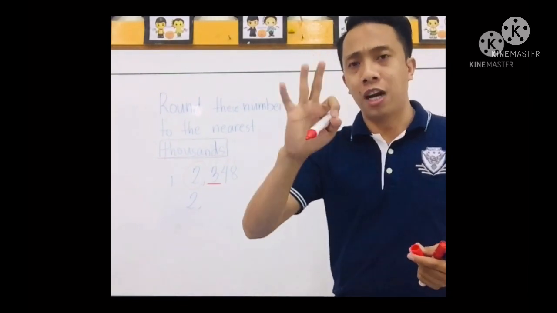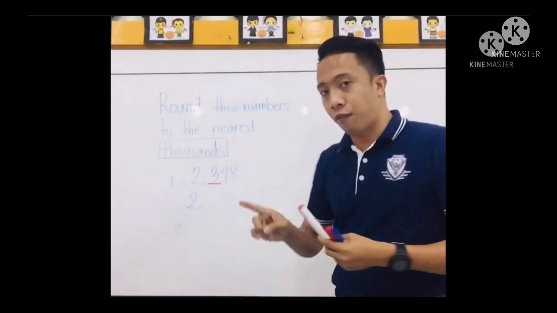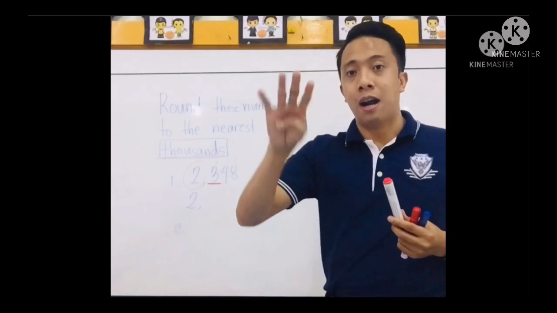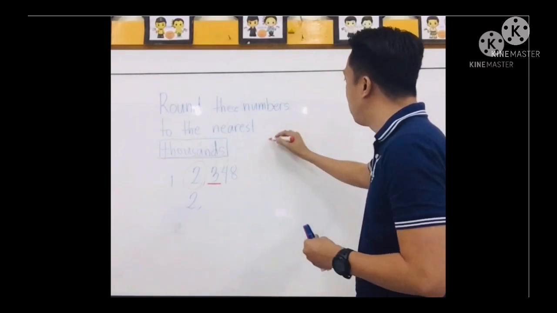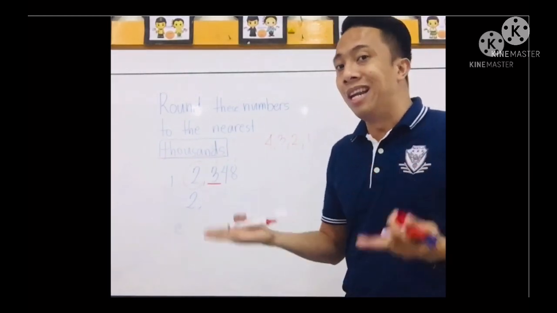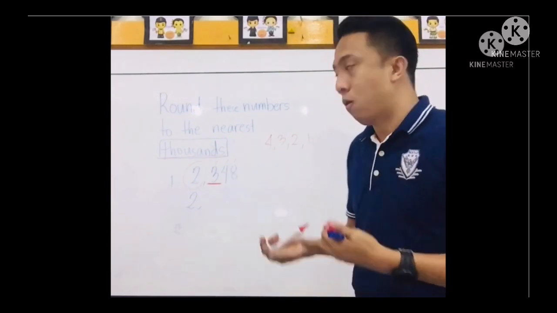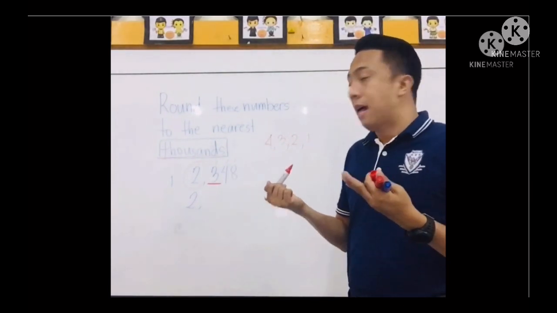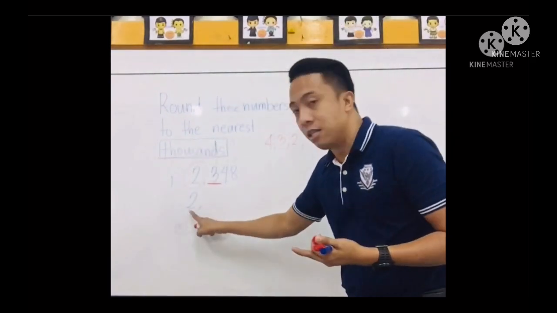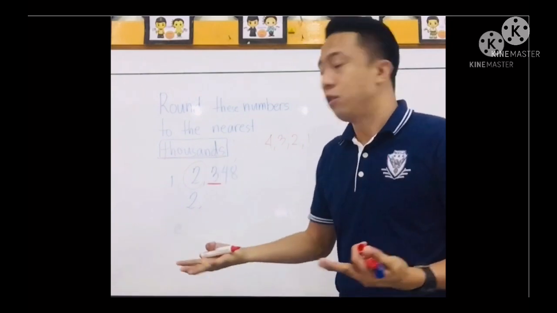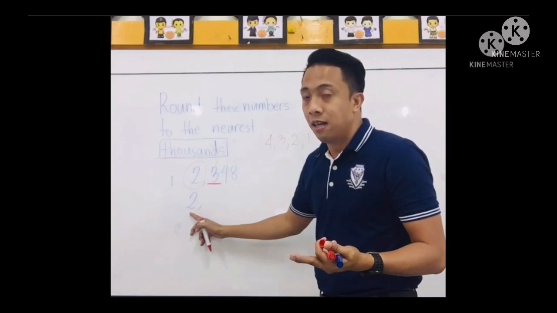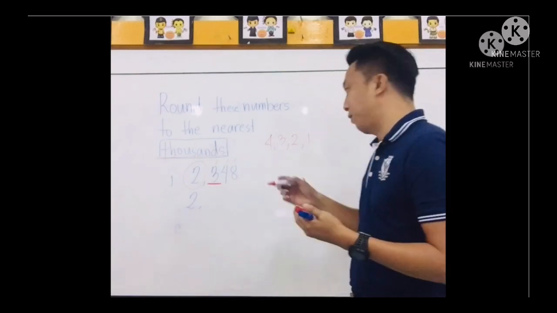The third is if this number is 4 below, that means 4, 3, 2, 1, we need to ignore. What does that mean? That means we will not add 1 on this number. We will just ignore. So we will just copy 2 as it is.